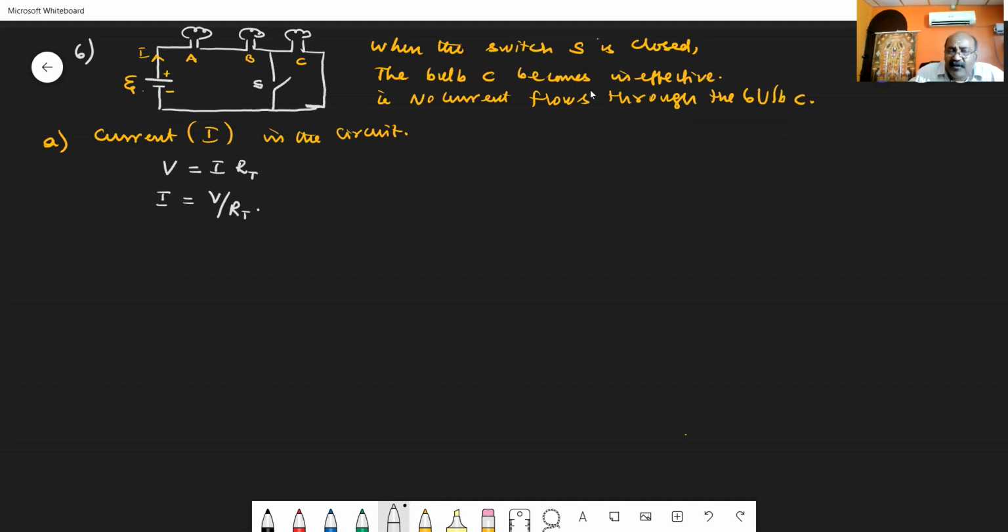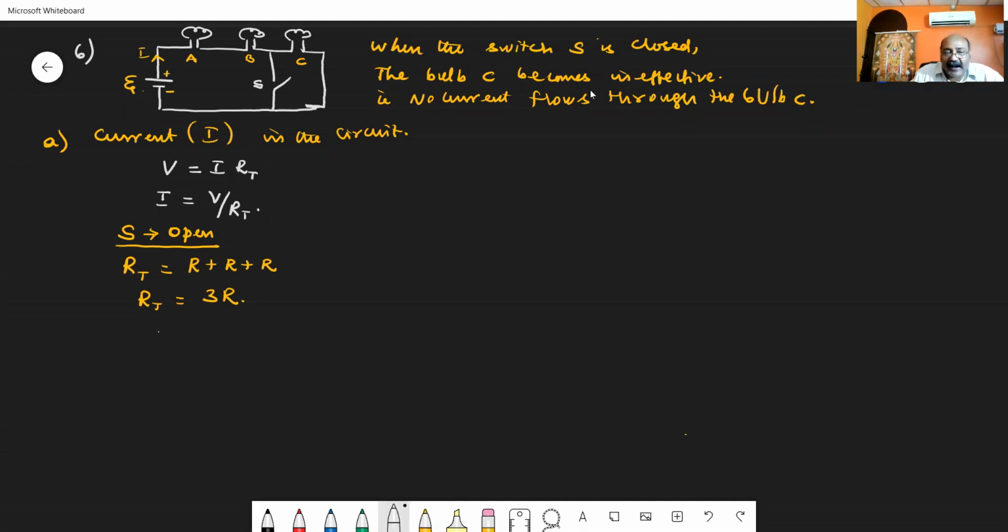In this they have asked for two conditions. The first condition is when the switch S is open. When the switch S is open, what is the total resistance? All the three bulbs are in series, so the total resistance is R plus R plus R. So total resistance RT is equal to 3R. After calculating the total resistance, you substitute in the above equation.